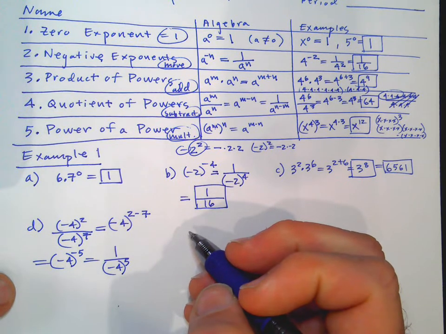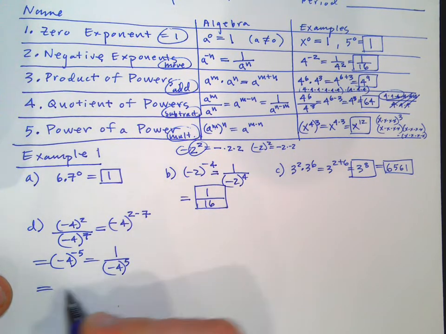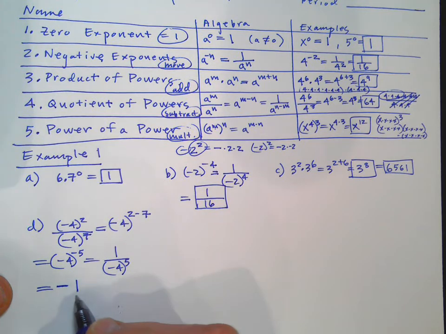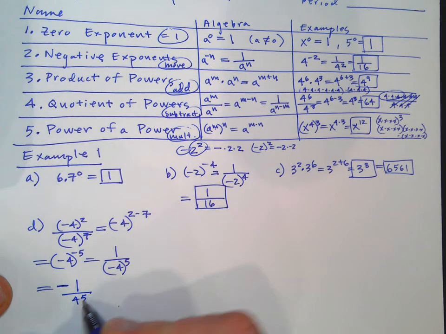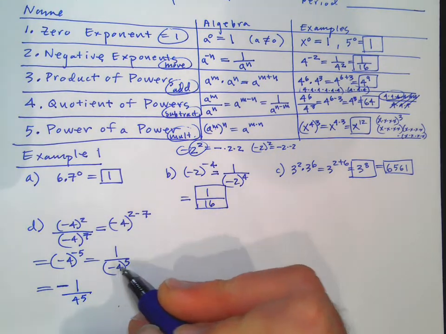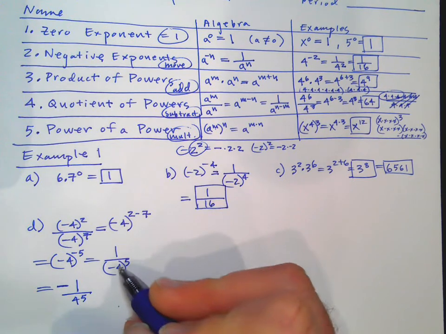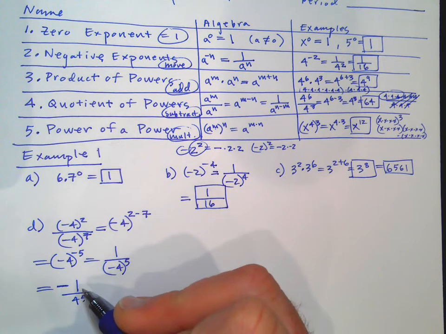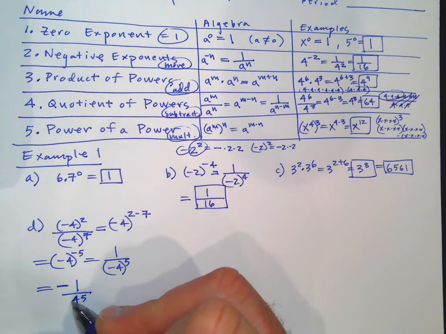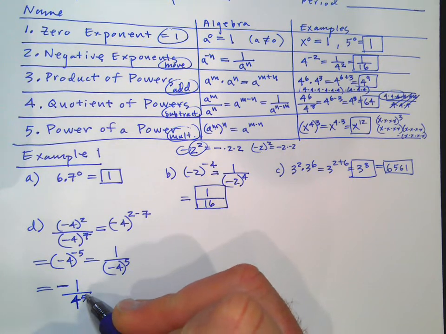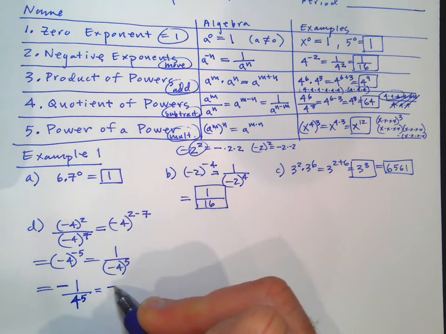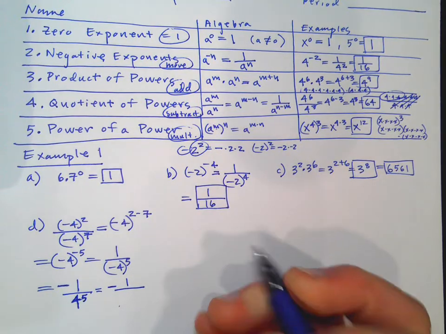Now, even without doing much work, we know it's going to be a negative answer. We can get rid of the negative in the parentheses because it's going to be negative times a negative times a negative times a negative times a negative. 5 negatives, it's going to be negative in the end. Over 1 divided by 4 to the 5th. Now, that's a pretty big number. I don't expect you to necessarily do that on your own.